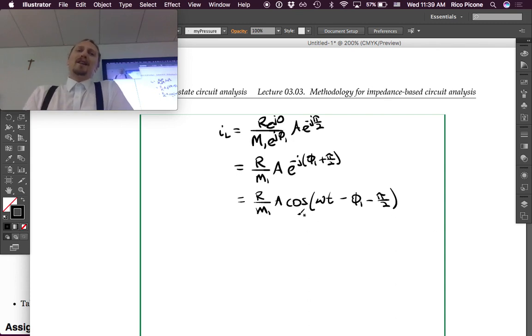So, our input was in sine form. It was a sine, though, right? And not a cosine. So it's kind of nice to have the output also in sine so you can see what the phase shift is between input and output. So let's rewrite this in terms of a sine.